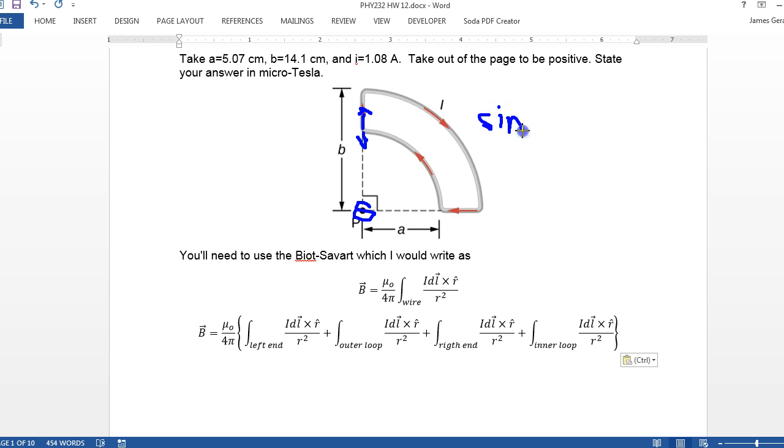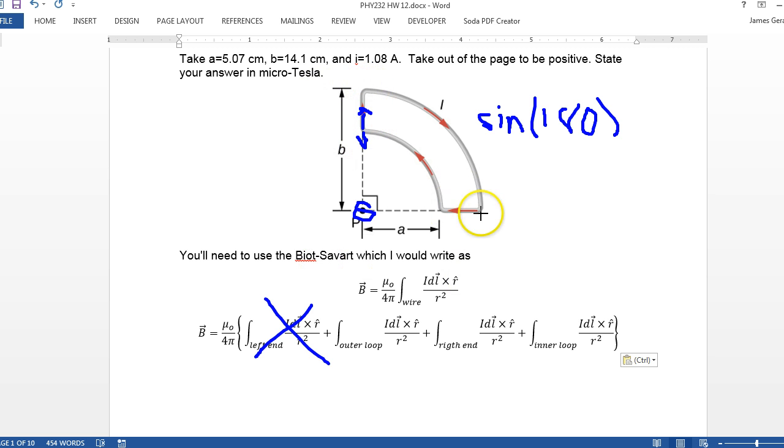And as you know, the cross product goes as the sine of the angle times the magnitude of the vectors. Well, sine of 180 degrees is 0. So we've eliminated that term because the cross product is 0 along that end.